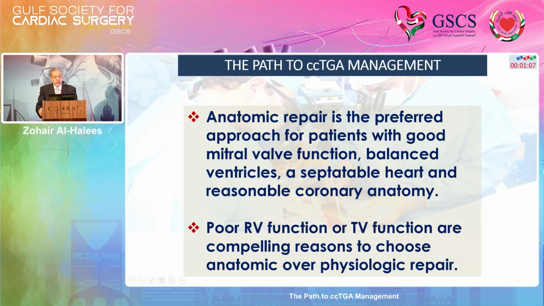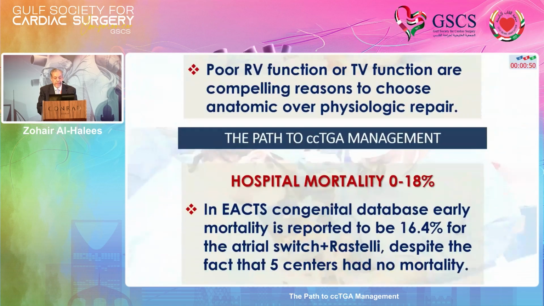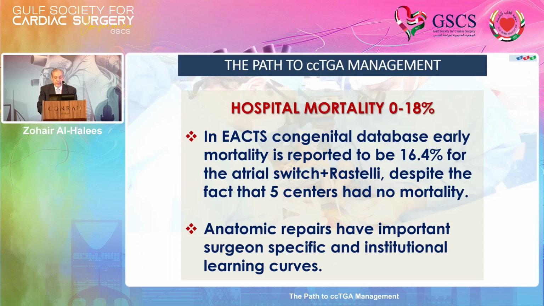In general, anatomic repair is the preferred approach for patients with good mitral valve function, balanced ventricles, acceptable heart, and reasonable coronary anatomy. Poor RV function or tricuspid valve function are compelling reasons to choose anatomic repair over physiologic repair. Hospital mortality for the double switch is high in general, ranging in the literature from 0 to 18%.